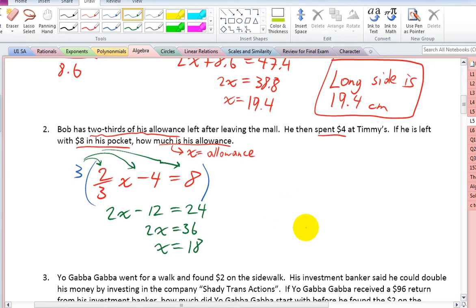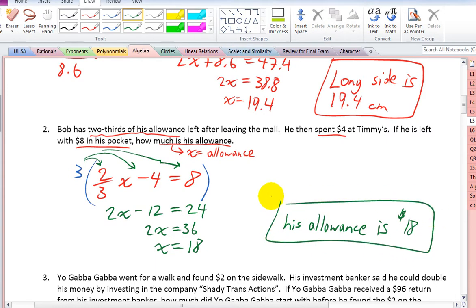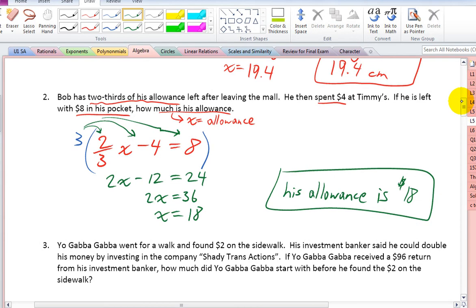And a quick little sentence when you're done. Okay, his allowance is $18. It's not bad, eh? High roller. High roller.